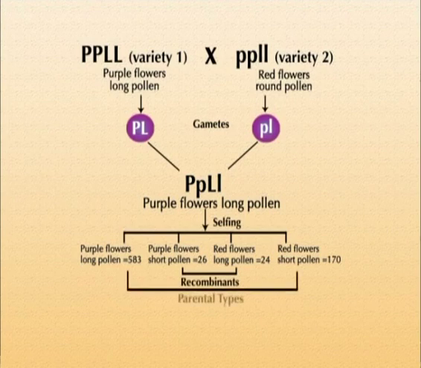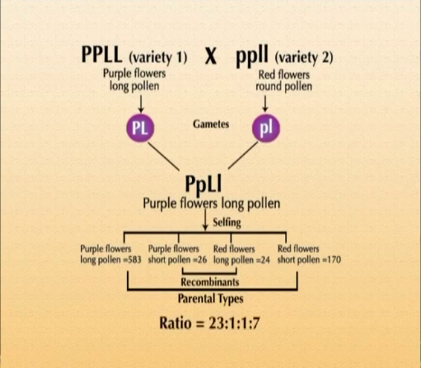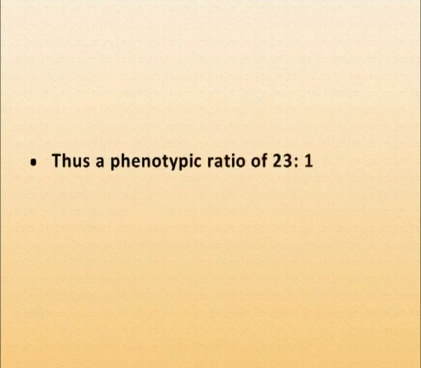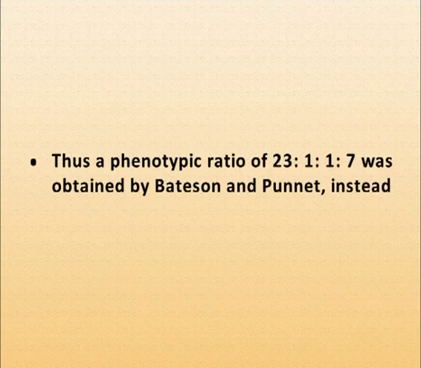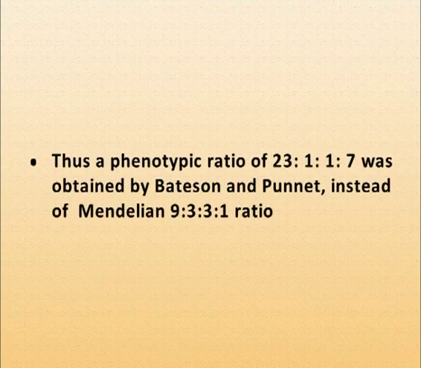These individuals were obtained in an F2 ratio of 23:1:1:7. Thus, a phenotypic ratio of 23:1:1:7 was obtained by Bateson and Punnett instead of the Mendelian 9:3:3:1 ratio. So, it is clearly a deviation from the Mendelian dihybrid ratio.